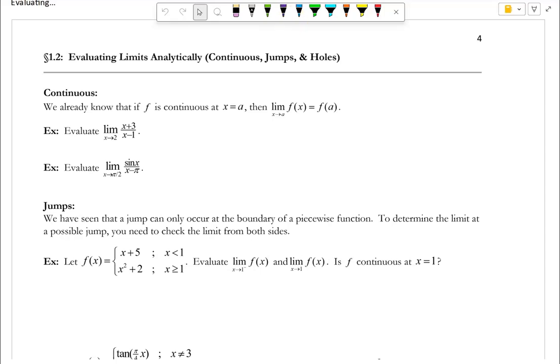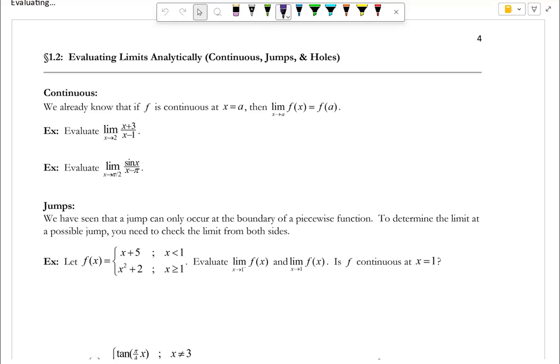The first thing we want to consider is that, from the definition of continuity, if a function is continuous, its limit value is equal to the function value at x equals a. For our first example, we already know that this function is continuous at x equals 2, but let's pretend that we didn't.